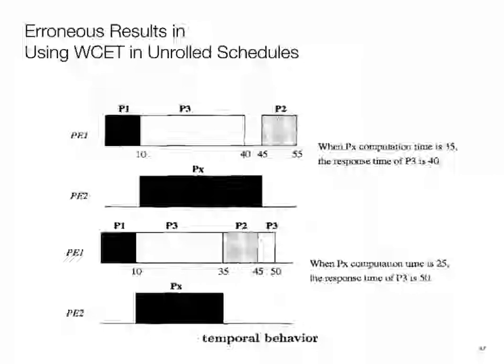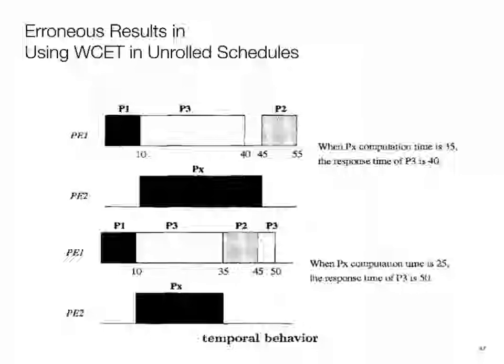Then P2 finishes at time 45, sends a message, and P2 runs. Everything is good because P3 was able to finish in time. So far so good.